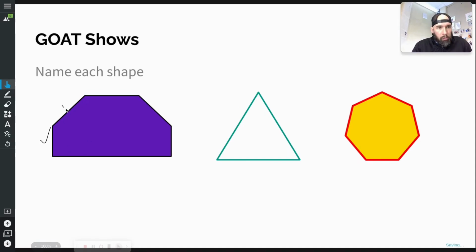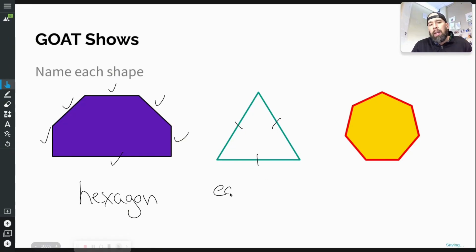You have 1, 2, 3, 4, 5, 6 sides. You're a hexagon. You have 1, 2, 3 sides, and those appear to all be the same. So you're an equilateral triangle.